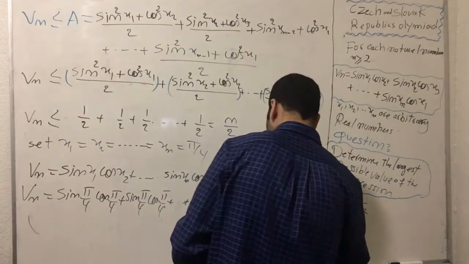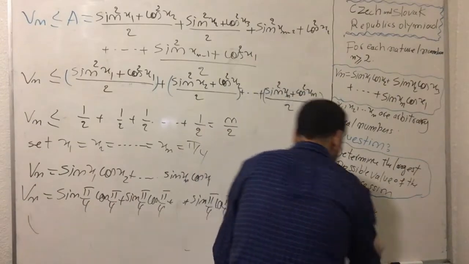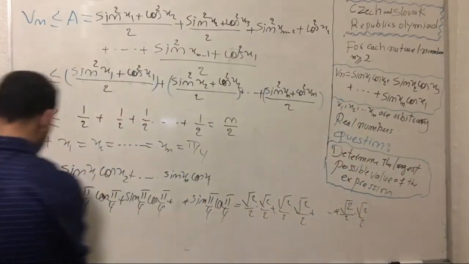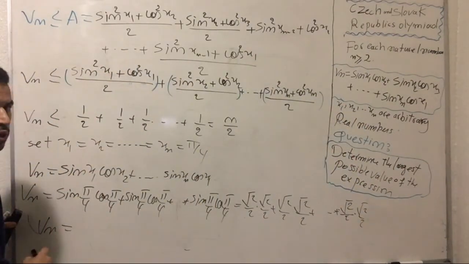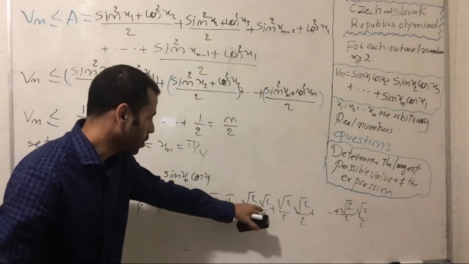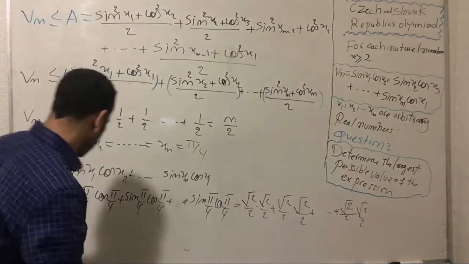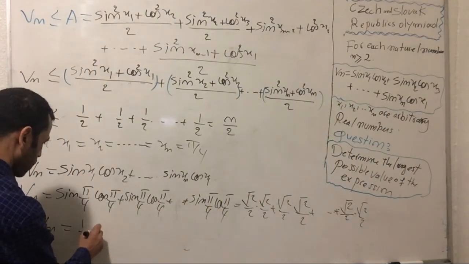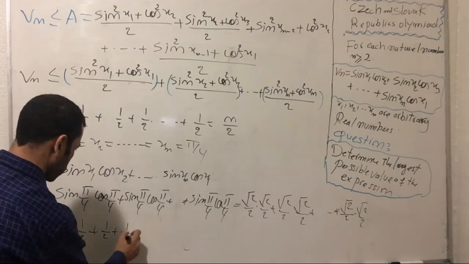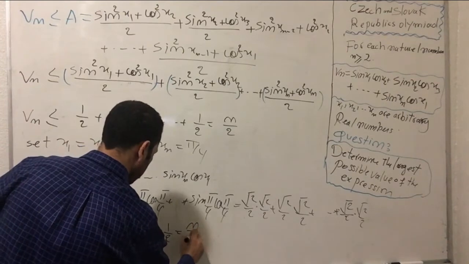Okay, as you know here, so the Vn equal square root 2 over 2 multiplied by square root 2 over 2 equal 2 over 4, which is 1 over 2. 1 over 2 plus 1 over 2 plus 1 over 2, and all the way down until you get the last term, which is n over 2.